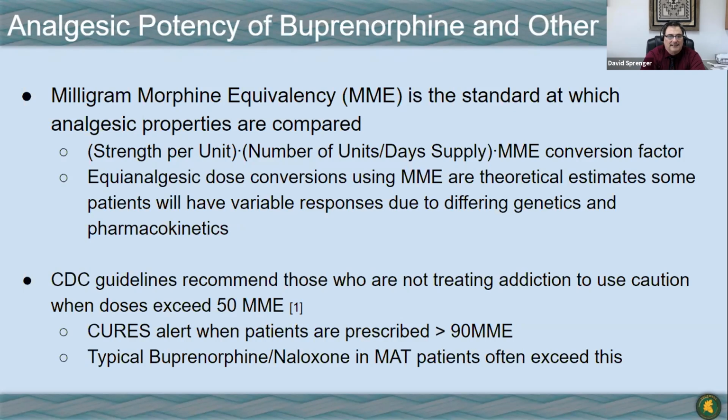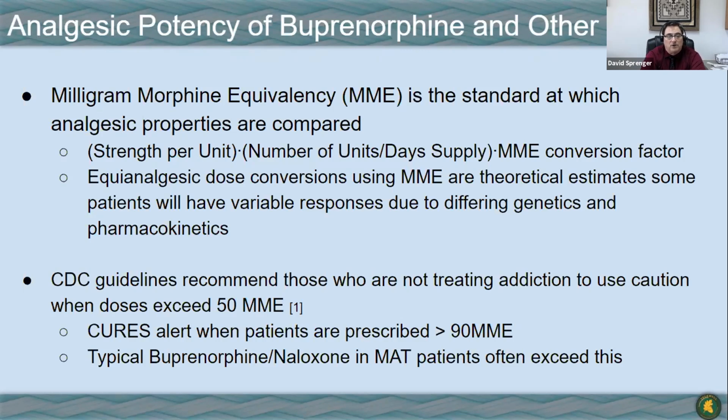And in CURES, the CURES system is alerted whenever a patient goes above 90 morphine milliequivalents. So part of addressing the opioid crisis is trying to get providers to prescribe opioids in a safer fashion.